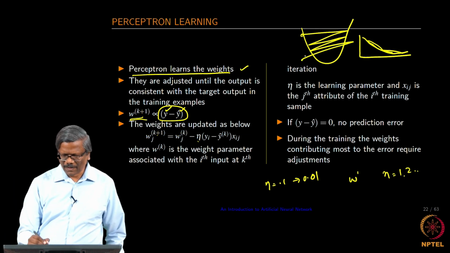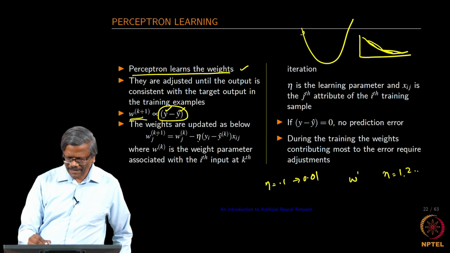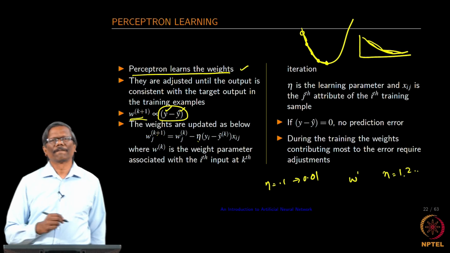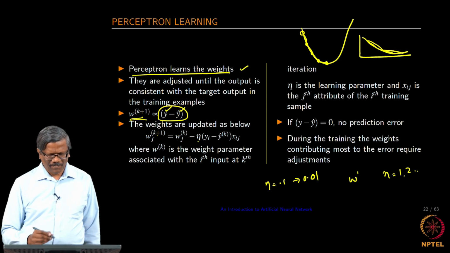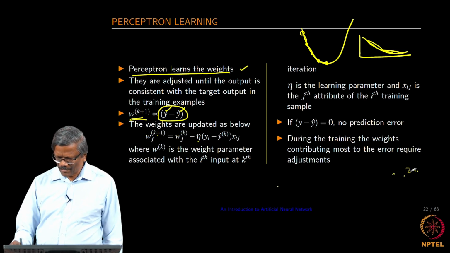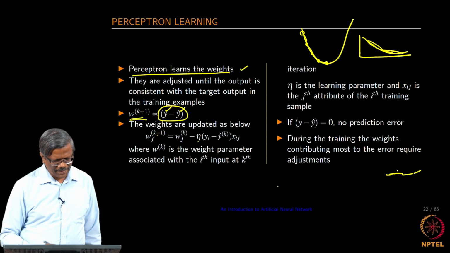It is very difficult to control that. So, ideally it should descend in this fashion. Okay. So, it is very crucial to really set the right parameter for the eta.